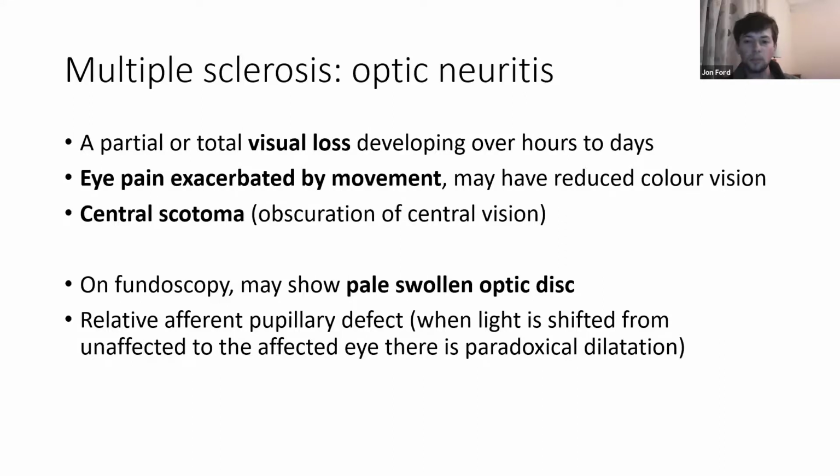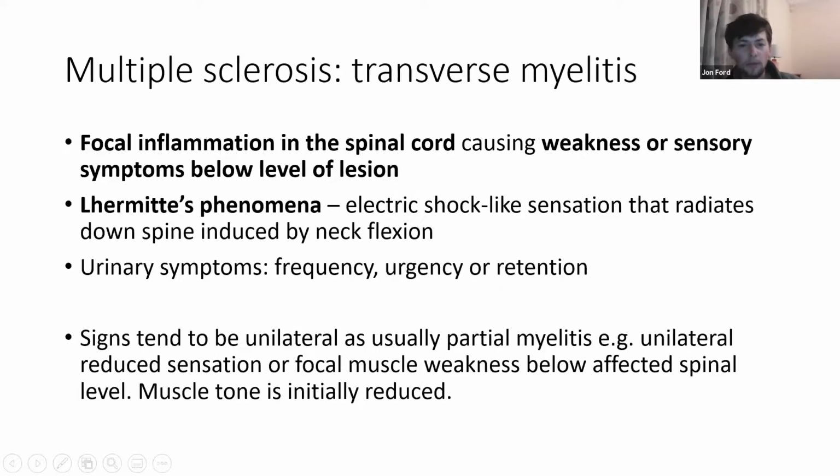That's because it's responding to the fact that the unaffected eye is no longer receiving that light. There's a complicated link between the nuclei, which you don't really know anything about for finals.